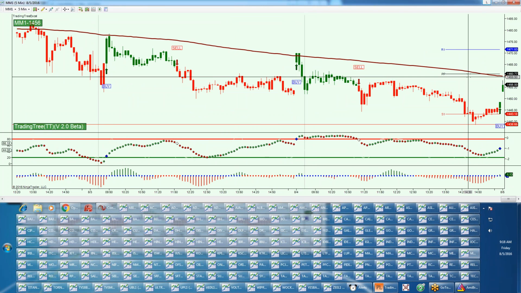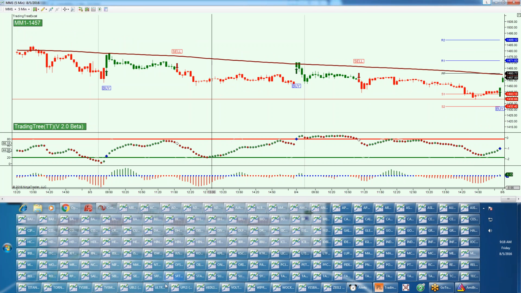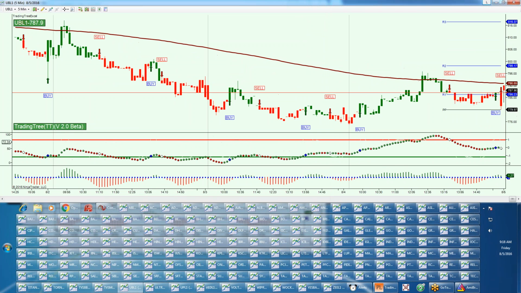Let's say 1461, we can take a call on this. So that's UBL. We have a sell, but we'll just wait on that. So your sell price will be 77770.